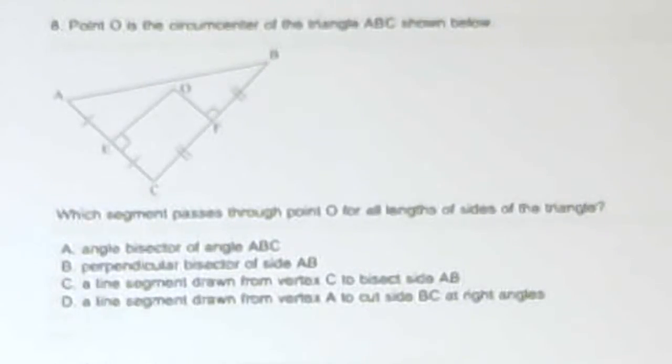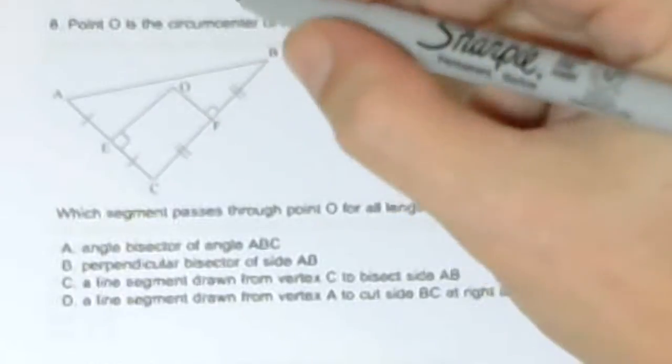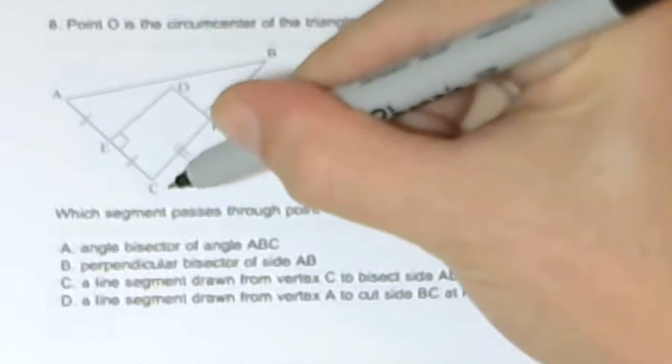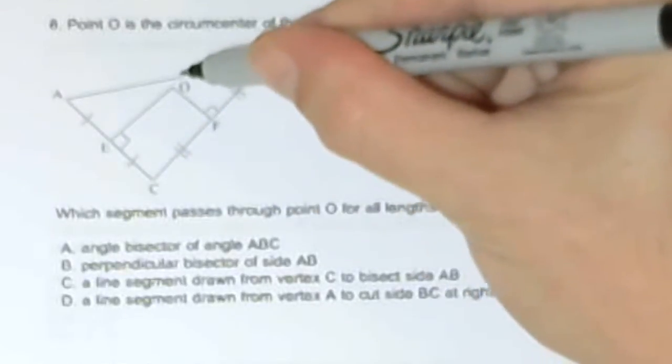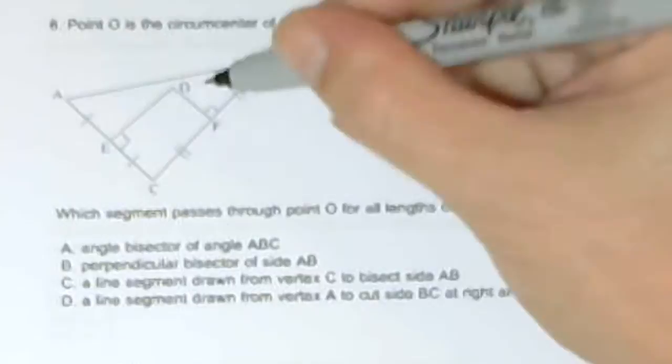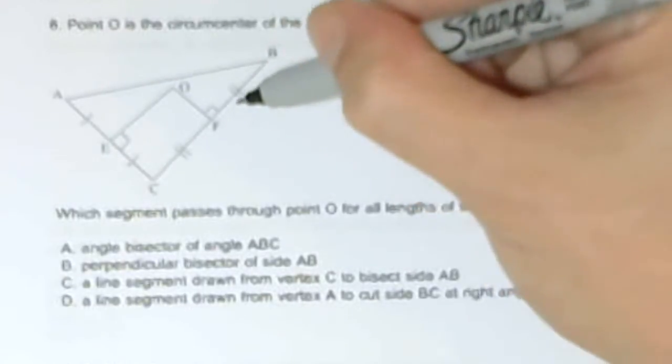The circumcenter is going to be where the three perpendicular bisectors of the triangle meet. So they've shown the perpendicular bisector of the side AC, which is EO, and they've shown the perpendicular bisector of BC, which is OF.